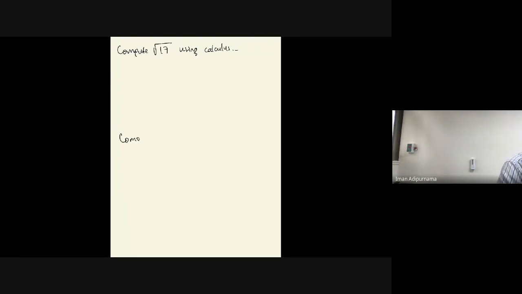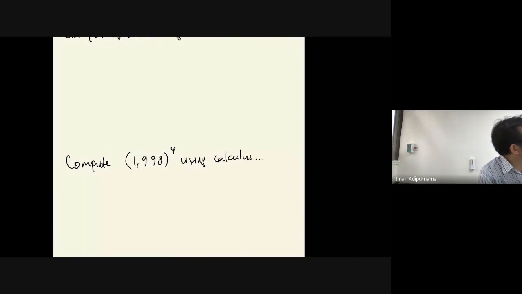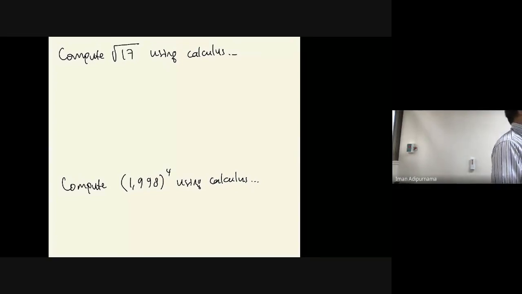And the second one, compute 1.998 to the fourth power. Try these two questions. You need to try the questions without using any calculator.